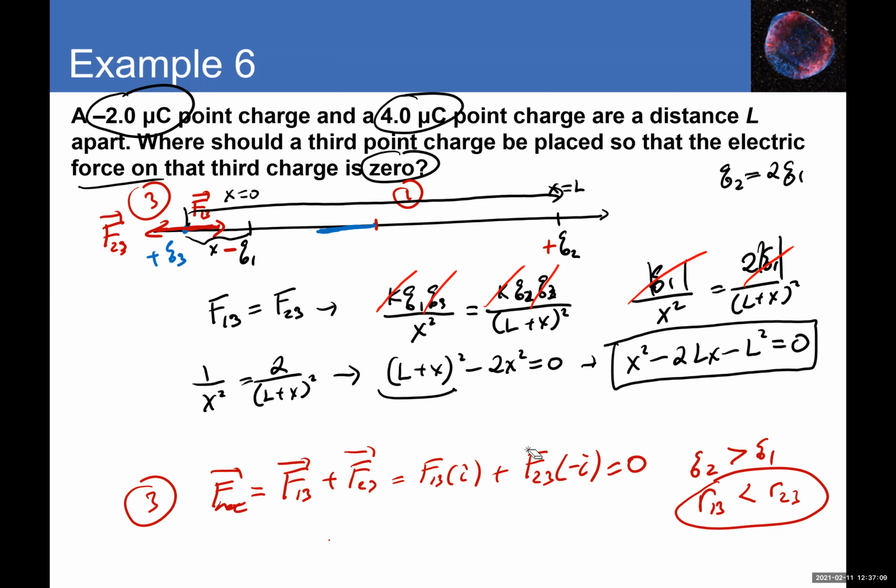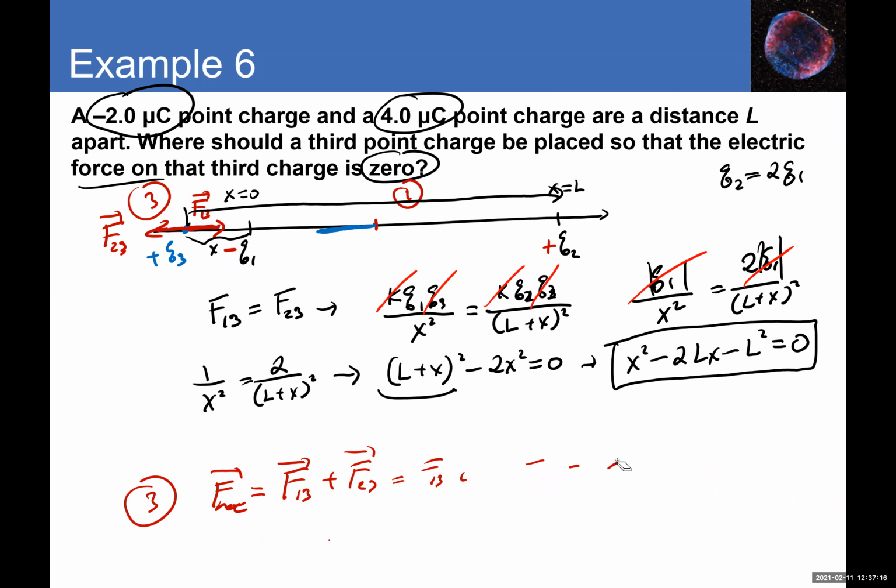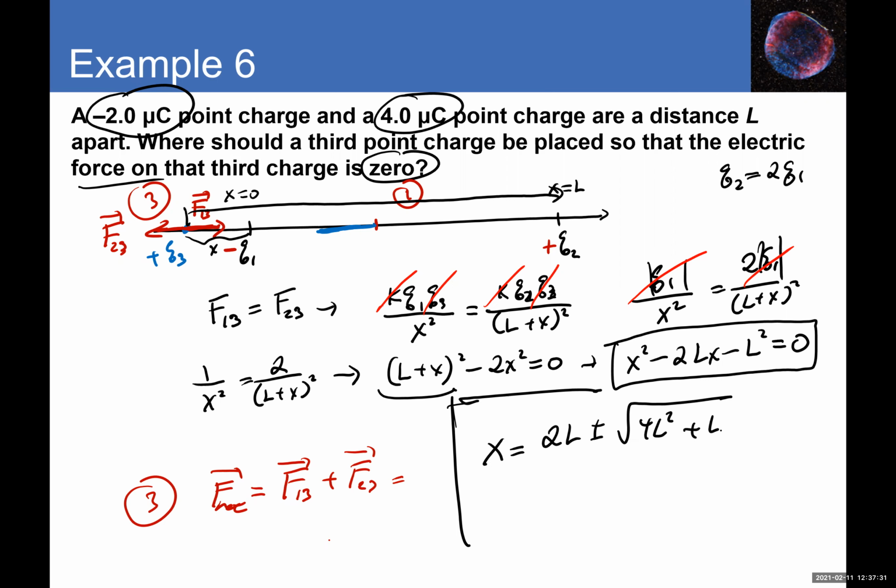All right, so let me get rid of this. Continuing here, x will be equal to, using the quadratic equation, 2L plus or minus the square root of 4L squared plus 4L squared, divided by 2, which gives us x equals L plus or minus the square root of 2L.